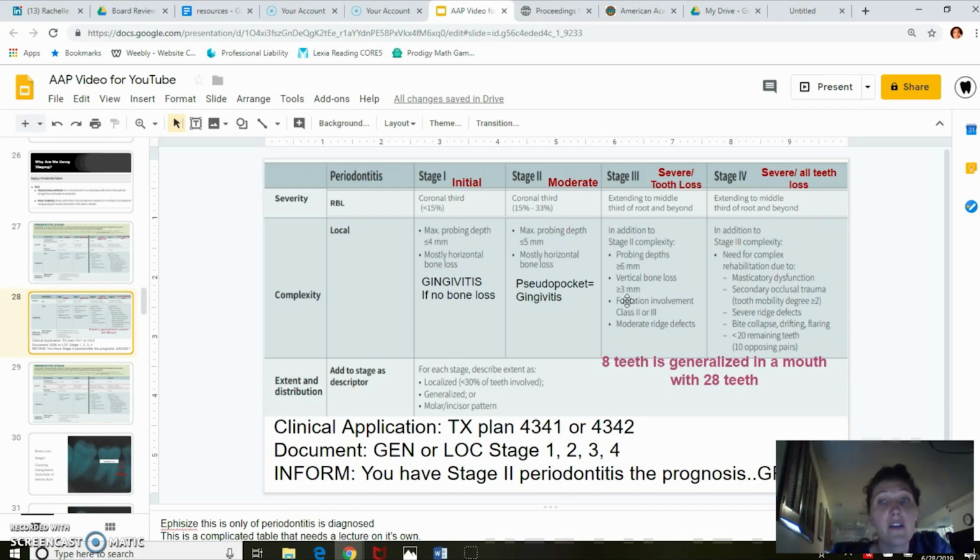Once it gets greater than or equal to 3, that's when we're putting it in the stage 3 or stage 4 category in that vertical bone loss area. Remember too that when we're also putting if it's generalized or localized stage 1, 2, 3, or 4, generalized is if they have 8 teeth within a normal 28 teeth dentition.